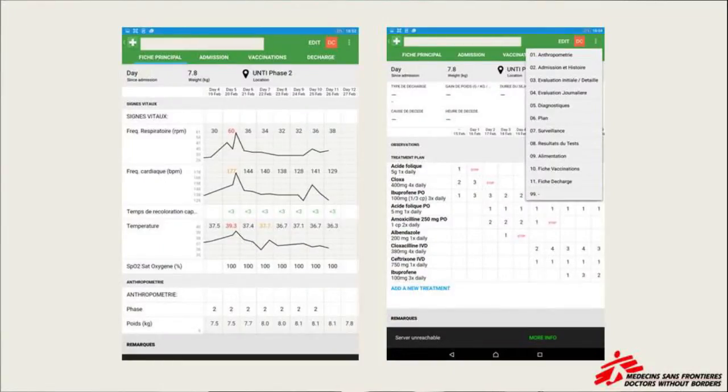On the left is an example of the patient's screen, where you can see key patient data, and on the right is one of the forms in which you enter data. It's important to note that this electronic medical record was designed to replace paper. It was to be used instead of paper at the patient bedside, and the pilot that we did was an attempt to see how well that works.